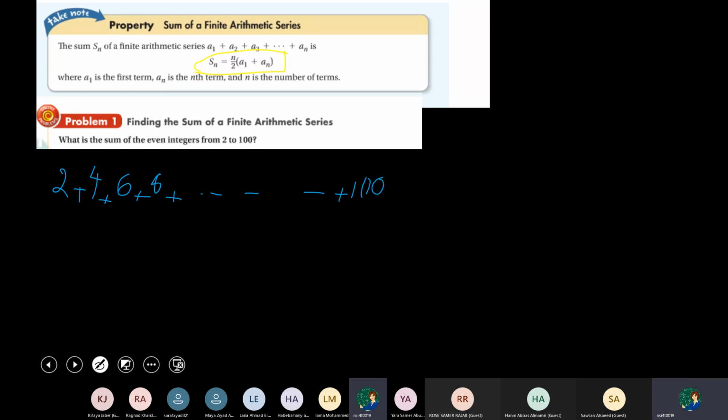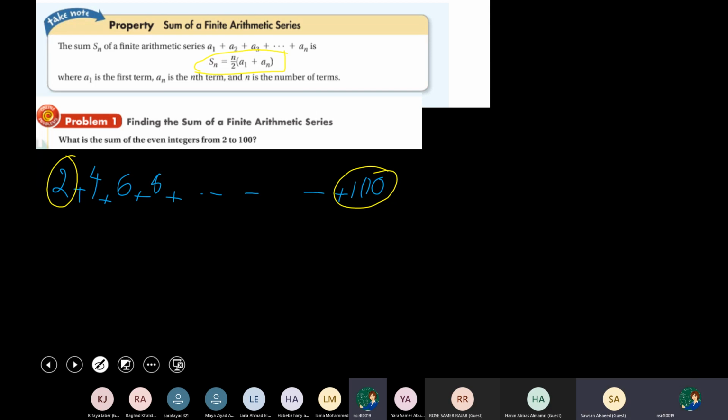Now, in the arithmetic sequence, if I want to find the term a sub n, I just need the common difference, the first term, and the number of the terms. Here, I need the first term, the last term, and the number of the terms. Now, I think the number of the terms is 99?